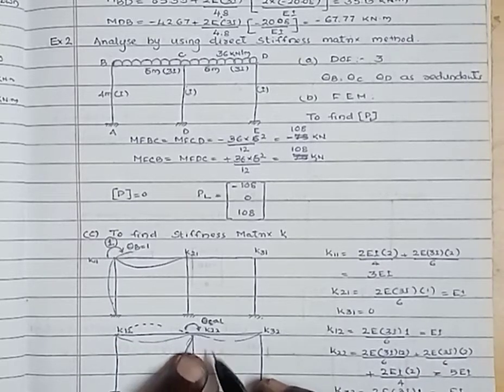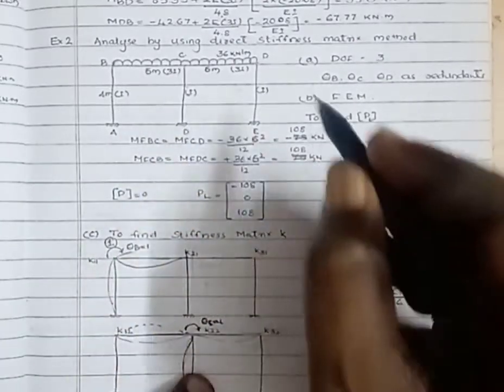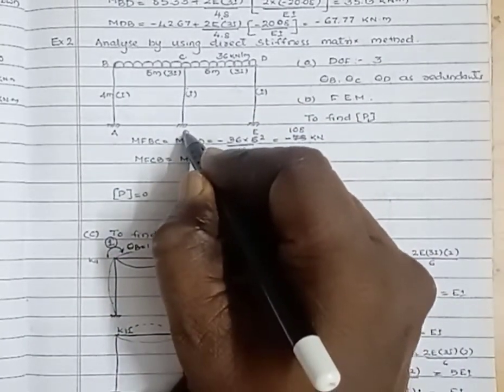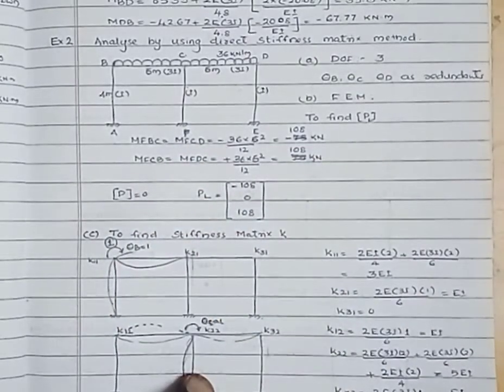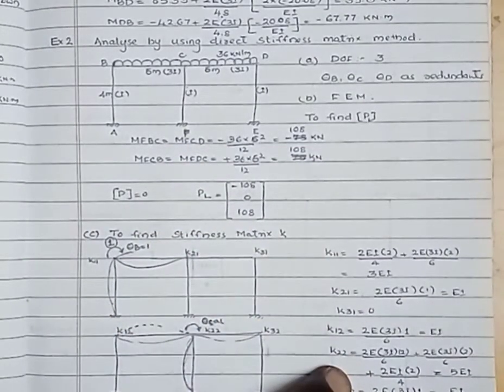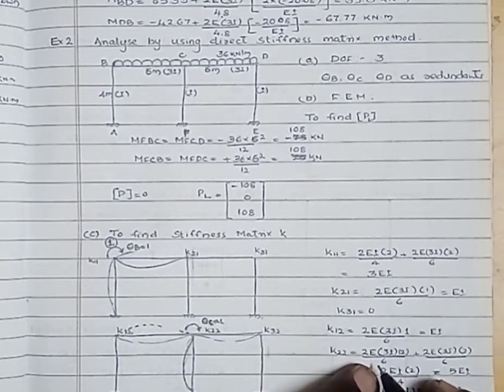Then at 2, 3 members are connected. One is CB, one is CD, one is CE. Here for span CB, that is 4EI by L. Here the moment of inertia is 3 times, hence 4E into 3I, that is 12EI divided by length 6.